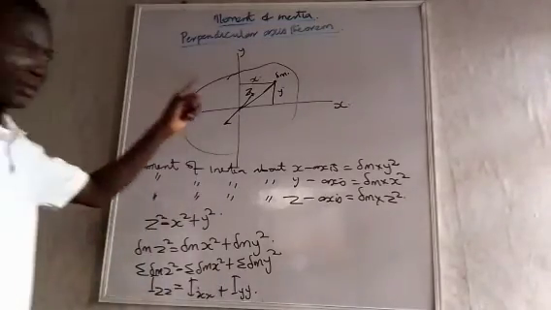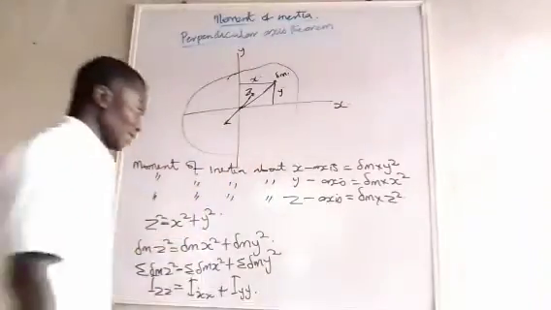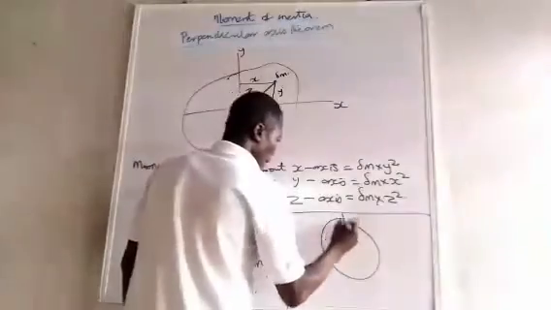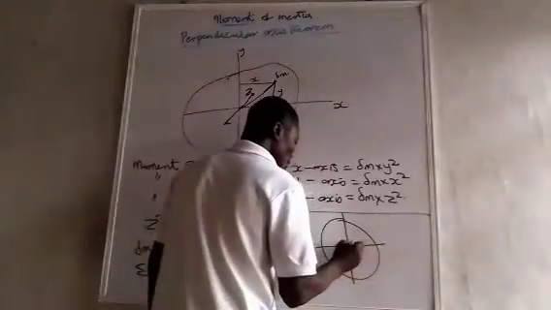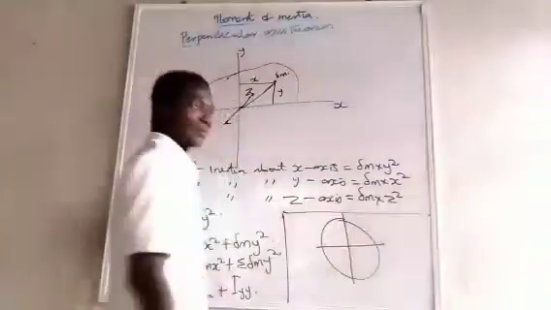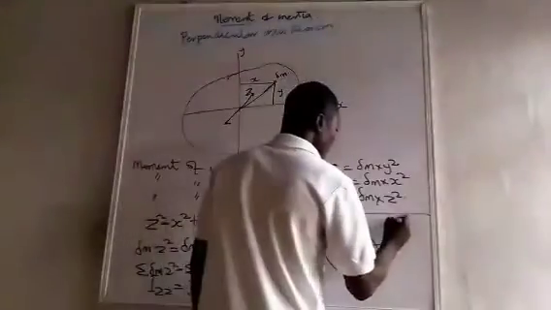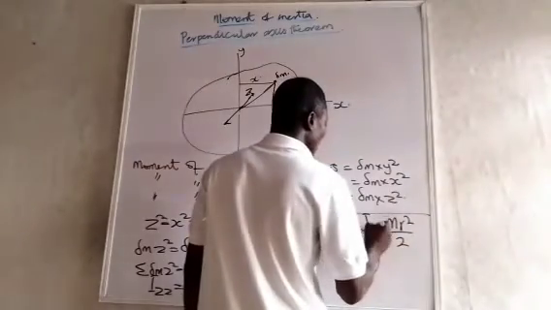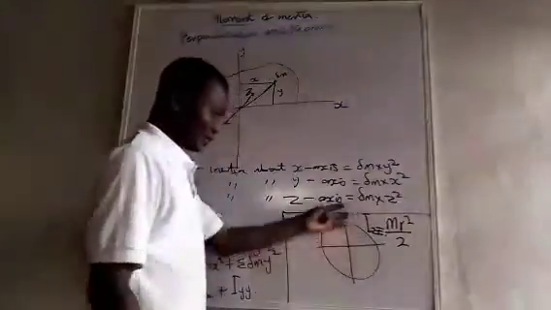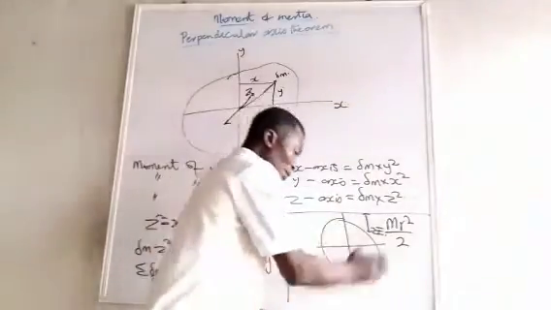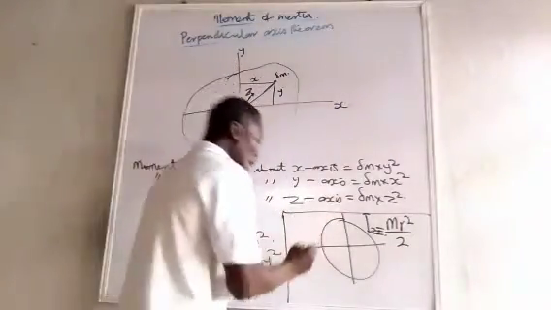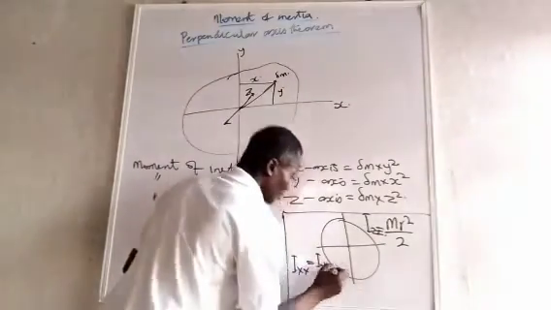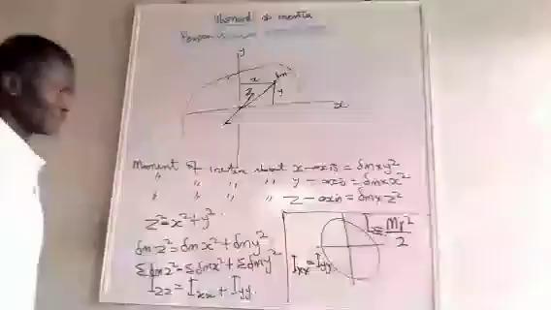Like the last example we did, it is a circular shape, and I found the moment of inertia about this point, which was M r squared over 2, that is Izz. But if you look at it, it is a regular shape, and Ixx will be equal to Iyy, looking at the symmetry of the shape.